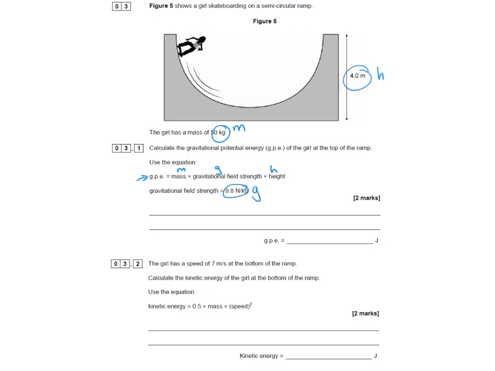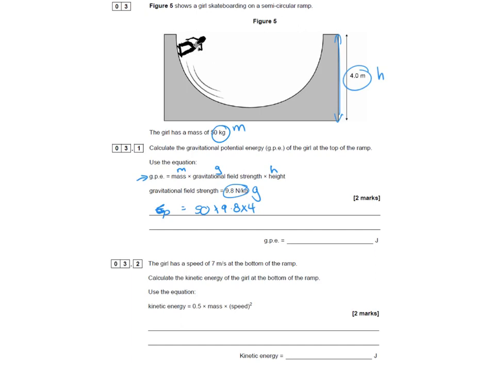Now remember, we are interested in the height, not anywhere else, because that's the whole point of gravitational potential energy. So my gravitational potential energy will be 50 times 9.8 times 4, and you just put the numbers in the calculator and you get the value in joules.